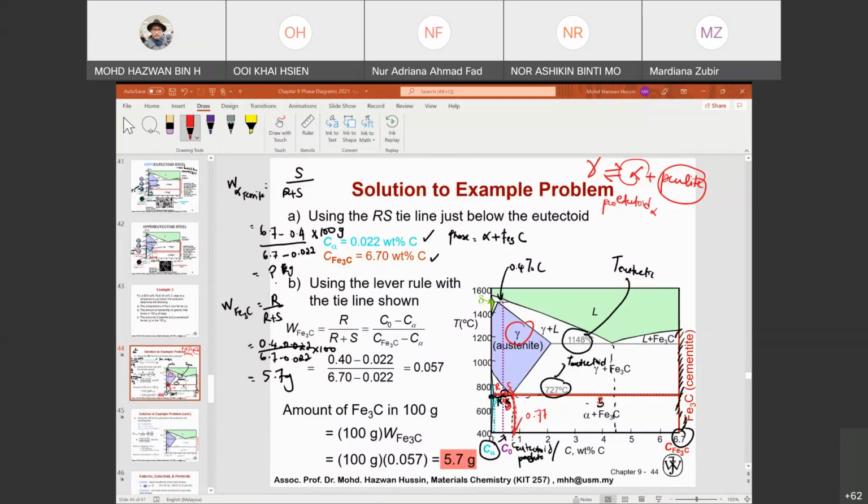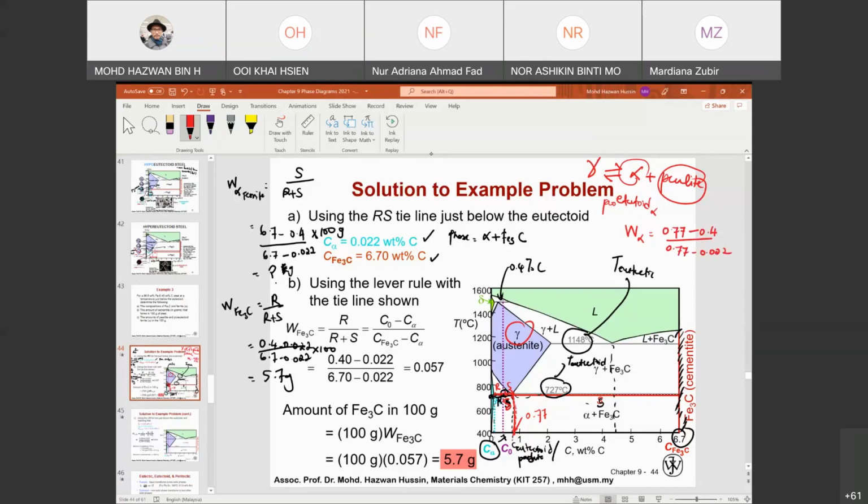For the weight fraction for pro-eutectoid alpha, it is S over R plus S. Yes, so it's 0.77 minus 0.4, because here you use 0.77, divided by 0.77 minus 0.022.